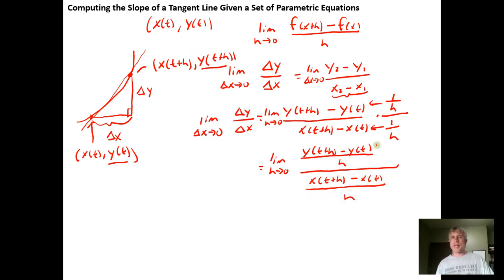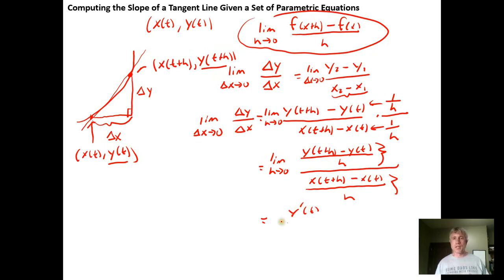Then we want to recognize that what I have here is just the difference quotient. We're taking the limit as h goes to 0 of a difference quotient applied to the parameterized y and a difference quotient of the parameterized x. Taking the limit as h goes to 0 of the difference quotient is the definition of the derivative. So up here you wind up with y prime of t, and down here x prime of t.